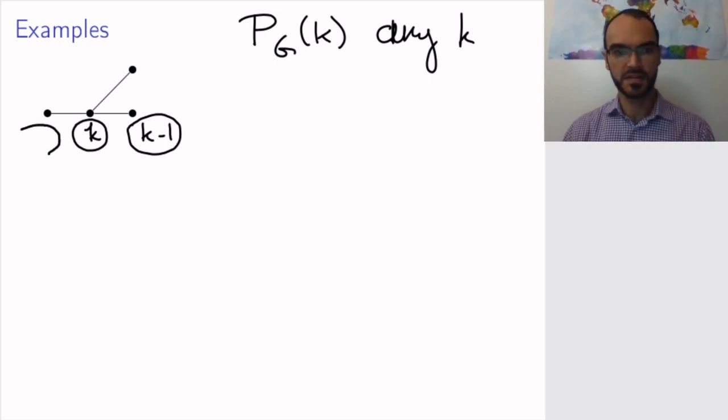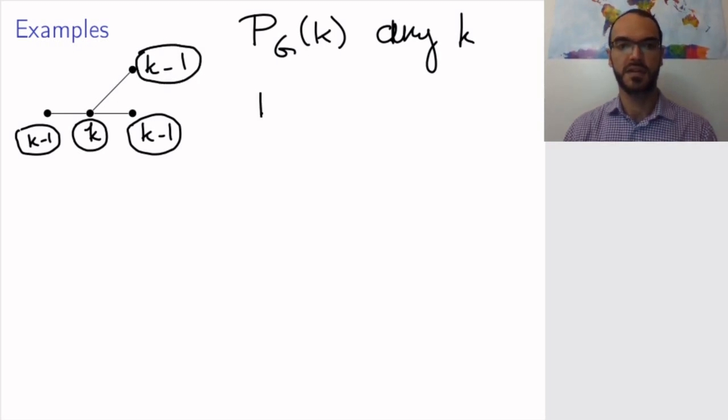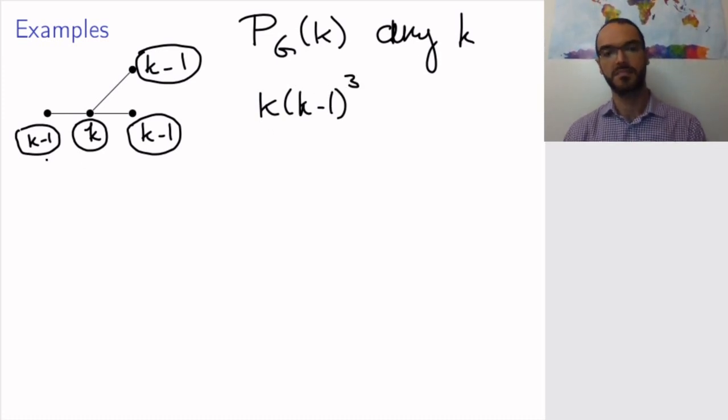Same with this vertex. It's only adjacent to my first vertex, so I am allowed to use my second color, but not the first one. So k-1. And for this vertex, same principle, k-1. So the answer is k times (k-1) to the power 3, by multiplying all the possibilities.